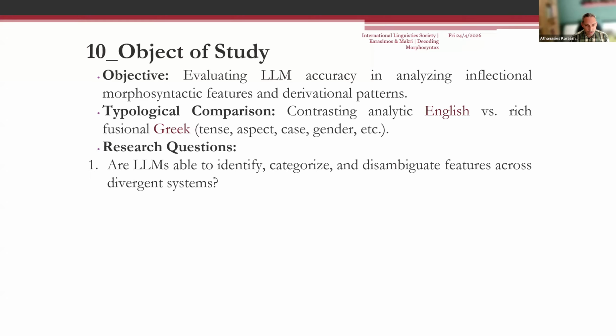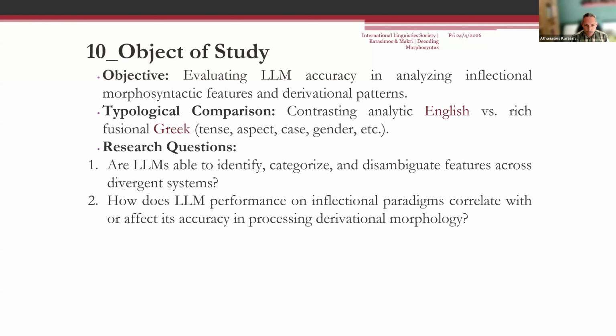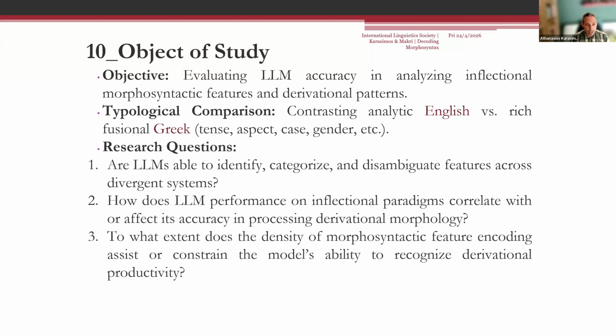Our research questions, which is the short version here, we're going to see later in the discussion. First of all, are the LLMs able to identify, categorize, and disambiguate features across divergent systems? Second, how does the LLM performance on inflectional paradigms correlate with or affect its accuracy in processing derivational morphology?